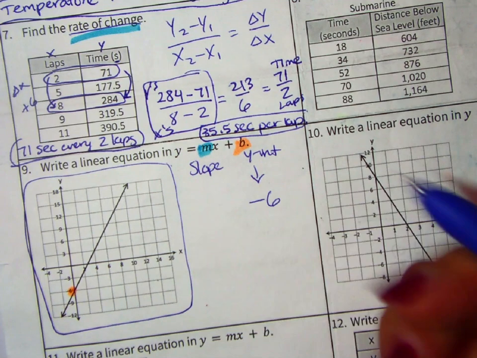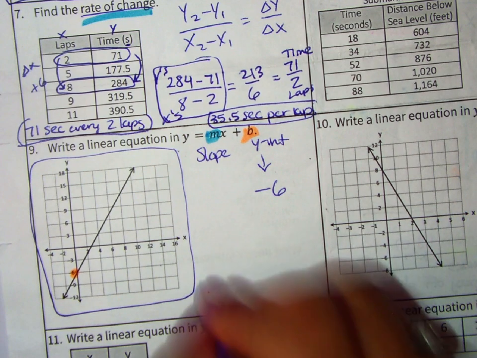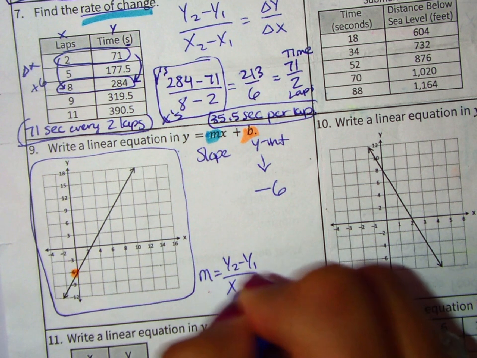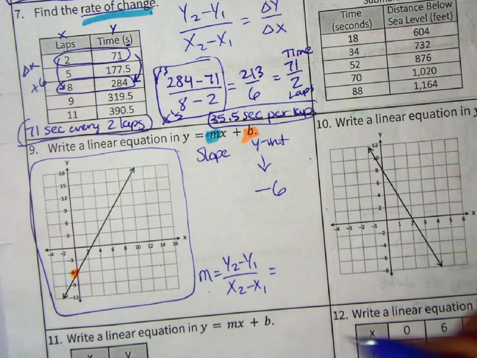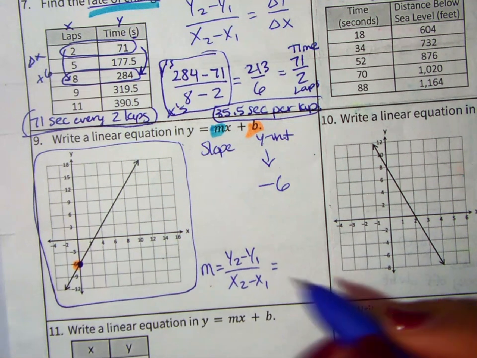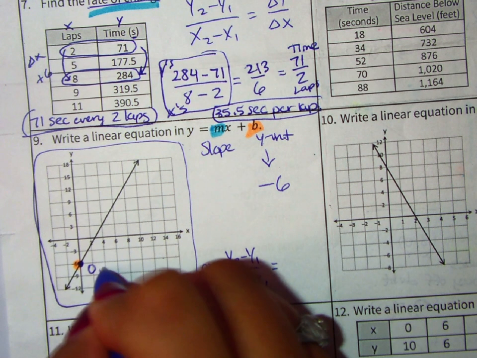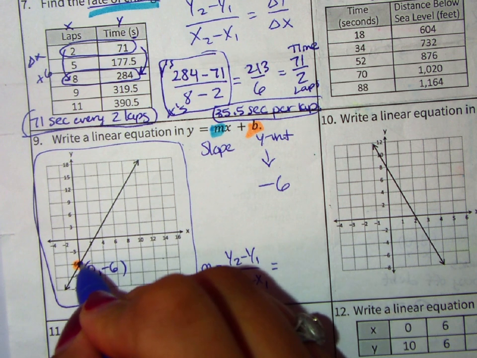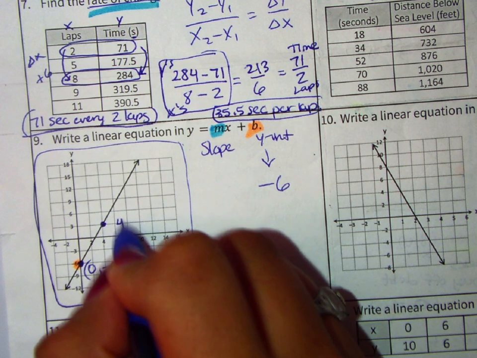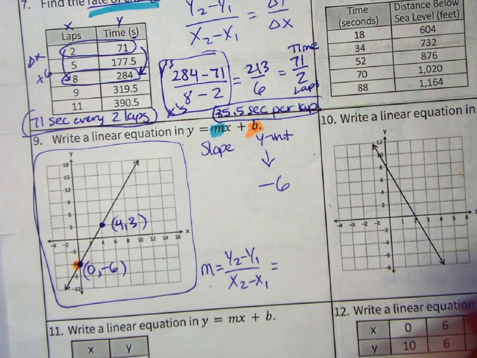For the slope, we do need to calculate that. So m is, again, y2 minus y1 over x2 minus x1. So we need to find 2 points. We have that point already, which is 0, -6. And if we look for another point, there's this point here too, and that's 4, 3.